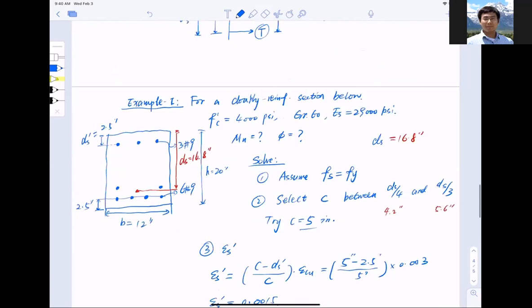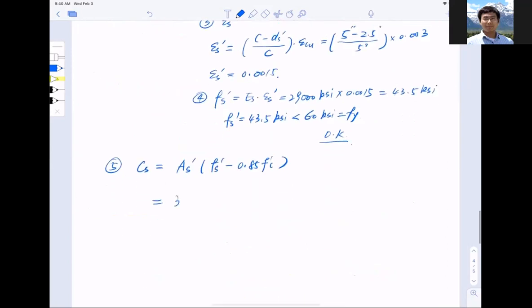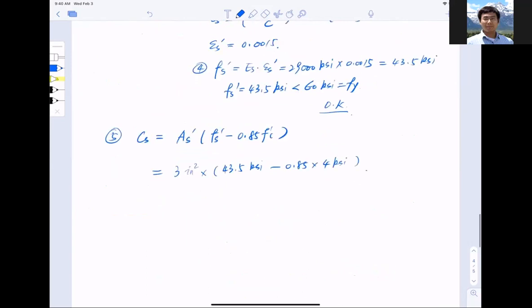I have 3 number 9 bars. Each number 9 is 1 inch squared, so 3 inch squared. Very simple, right? Now Fs prime is 43.5 KSI, minus 0.85 multiplied by 4 KSI of the concrete. So you get this number to be 120 kips, just the compression from the steel.